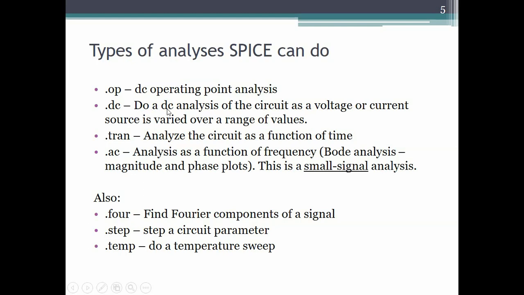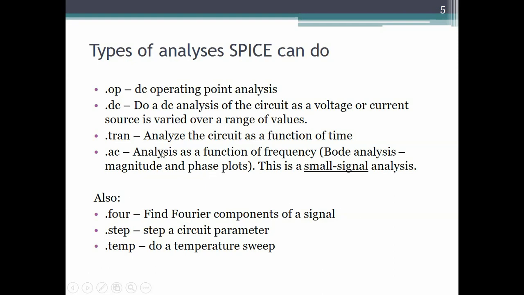It will do an analysis for many different values of that independent voltage source. .tran is a transient circuit analysis, so SPICE will simulate the circuit as a function of time. .ac is the AC or the small signal analysis. It is basically an analysis as a function of frequency, and therefore it is basically a Bode analysis. The outputs are magnitude and phase Bode plots.